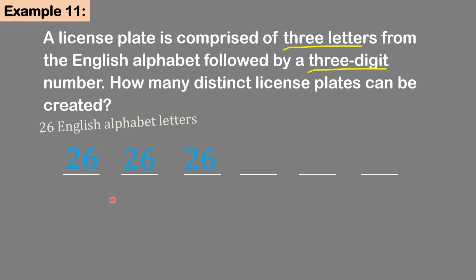Since letters can be repeated, therefore each has 26 choices. For the 3 digits, each can be any of the 10 digits from 0 to 9. And since digits can be repeated, each position has 10 choices.